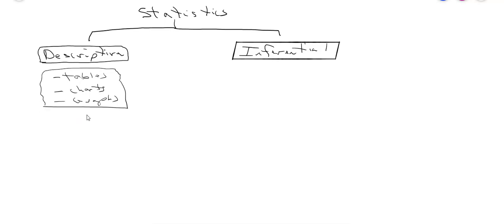So we have descriptive statistics with tables, graphs, and charts. You have measures of central tendency. My writing is not clear; it's hard to write on this writing tablet. Measures of central tendency.